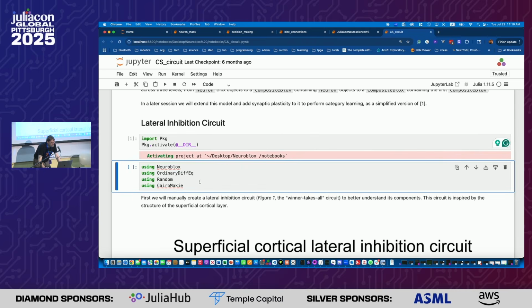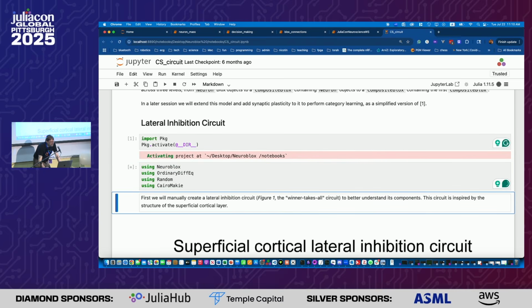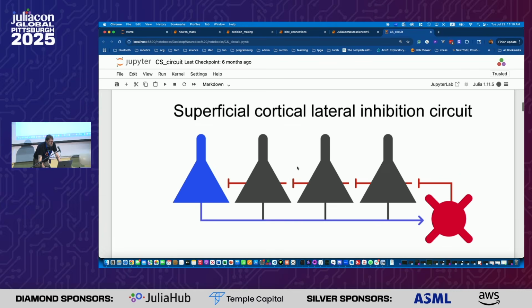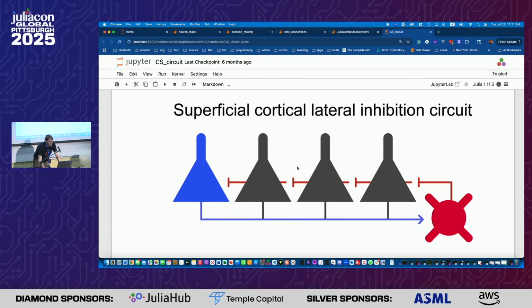I'm going to import Neuroblox. The first thing that we want to build is what is called the cortical lateral inhibition circuit, or winner-takes-all circuit. The basic structure is that you have several excitatory neurons and an inhibitory neuron.